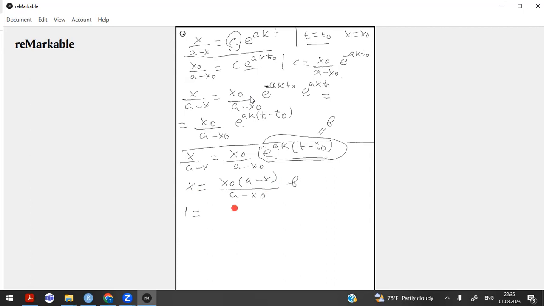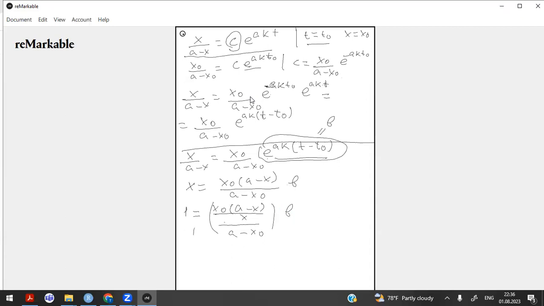So 1 equals... then here we will have x0 multiplied by a minus x, and this divided by x, and this divided by a minus x0, okay, and this multiplied by b, okay.